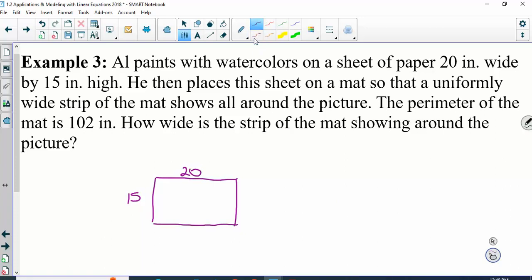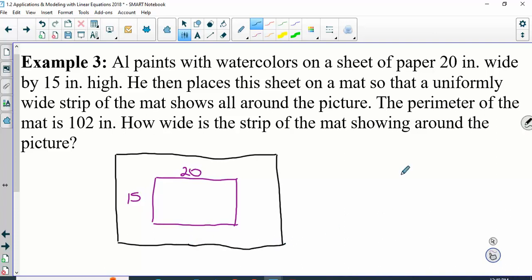Okay, so I'm going to put a piece behind this. Just have to excuse my artwork. I'll get better at drawing straight lines, but it takes me a while to get back in the habit of using this. Okay, so did I say how much was showing all the way around?